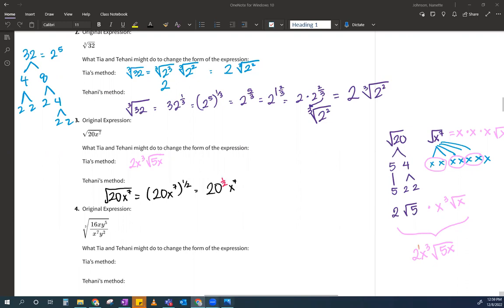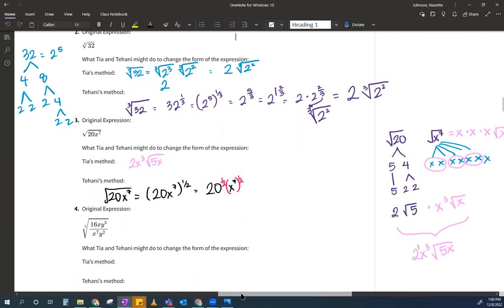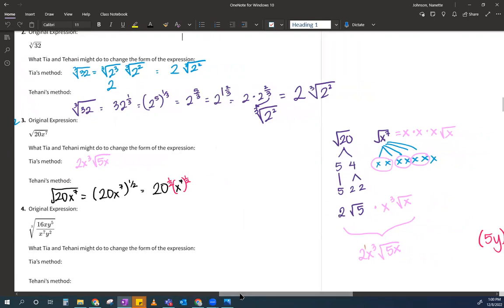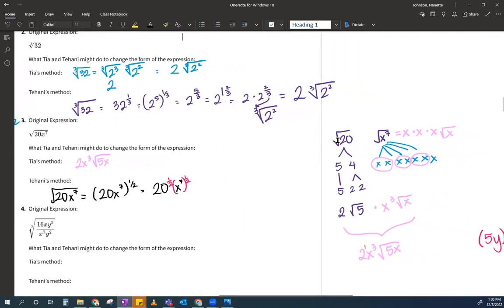Does that make sense? So if we're comparing Tahani's and Tia's method, this part right here just happened right here when I separated them and said, you go under the square root and you go under the square root. Does that make sense? Very good. Awesome work. Okay.